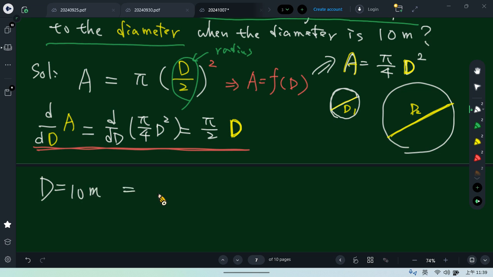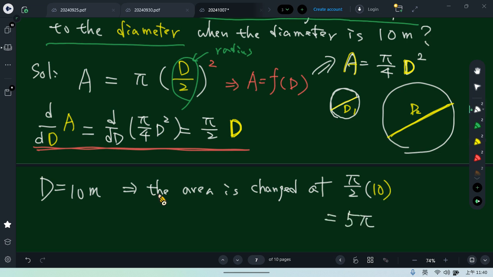Okay, so when we say D is 10 m, the area is changed at pi over 2 times D, 10, that will become 5 pi. Then the unit will be m squared over m. Why do I emphasize m squared over m? That's very important.